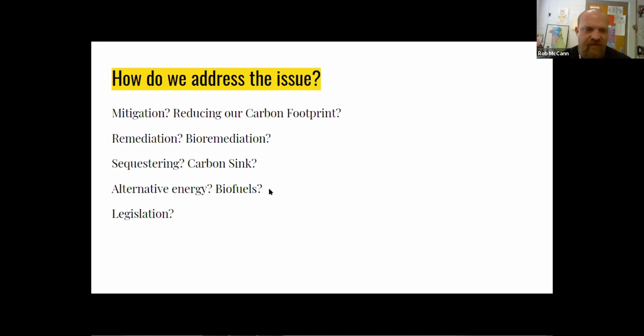So there are some really, really tough moral decisions here that have to be made in terms of how do we reduce our carbon footprint, our carbon dioxide emissions, in order to reduce climate change, but still maintain the status quo, right?